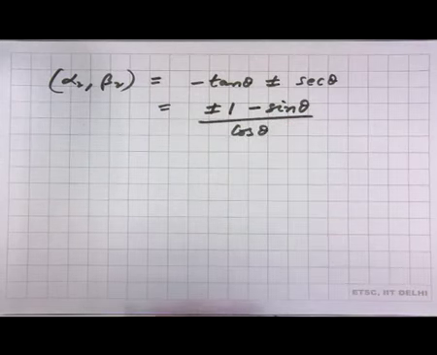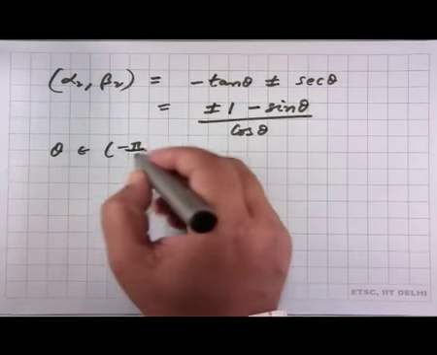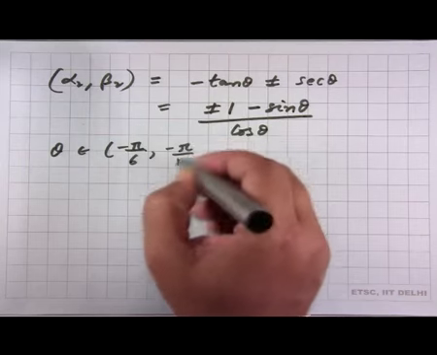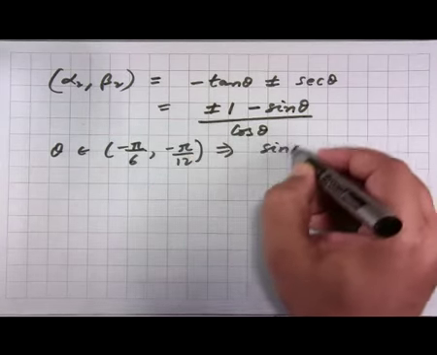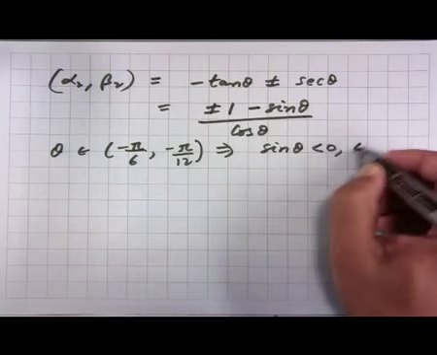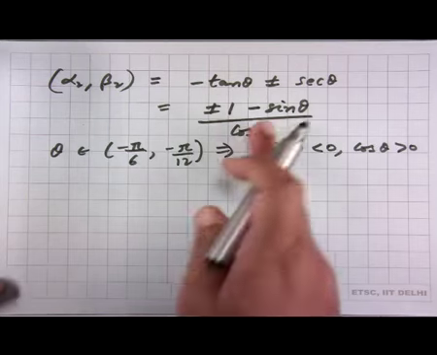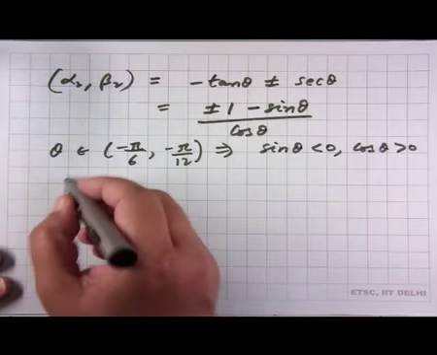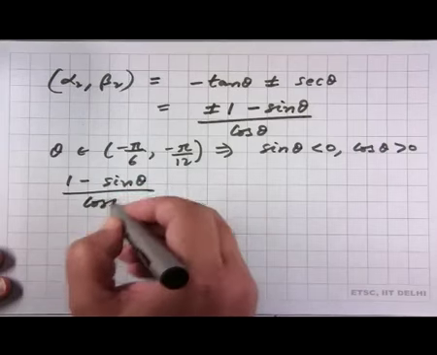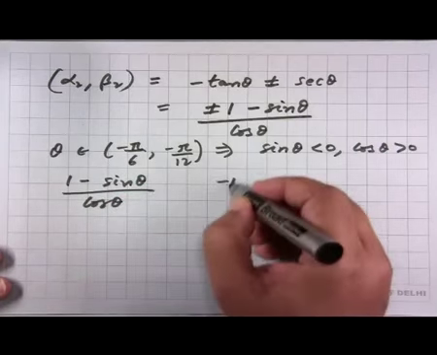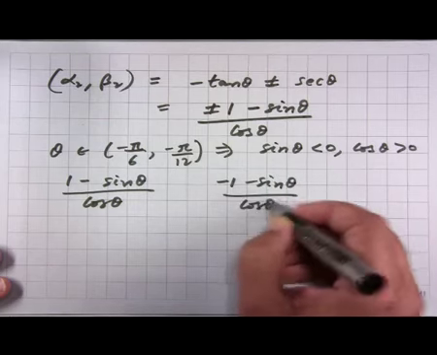Now, again, since theta belongs to the open interval minus pi by 6 to minus pi over 12, it follows that sin theta is negative and cos theta is positive. The two roots here are, the first root is 1 minus sin theta over cos theta, and the other root is minus 1 minus sin theta over cos theta.